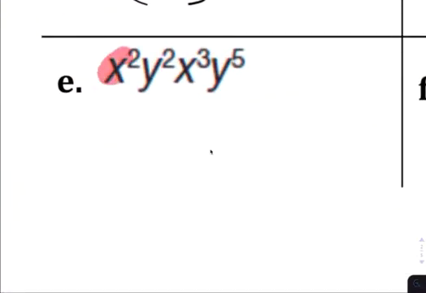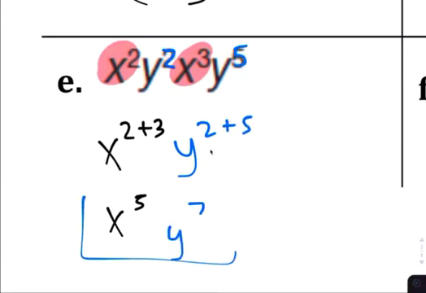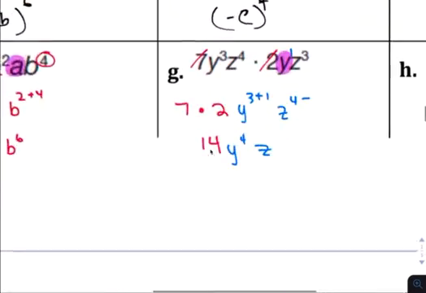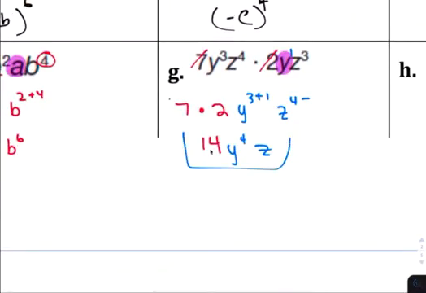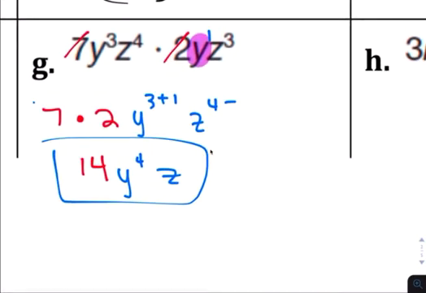Okay, so here you got 2, here you got 3, so that's 2 plus 3. And then y here, you got 2 here, you got 5 y's there. And that's your answer. And that's how you do the rest here. 7 and 2, z to the 4th plus z to the 3rd is z to the 7th.